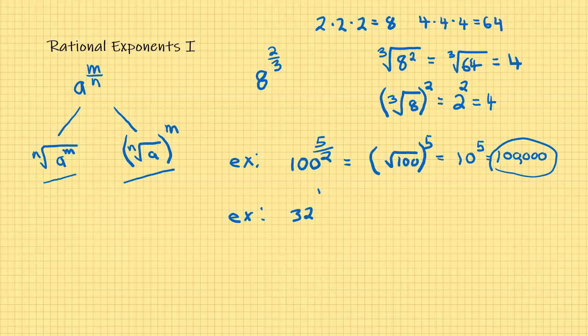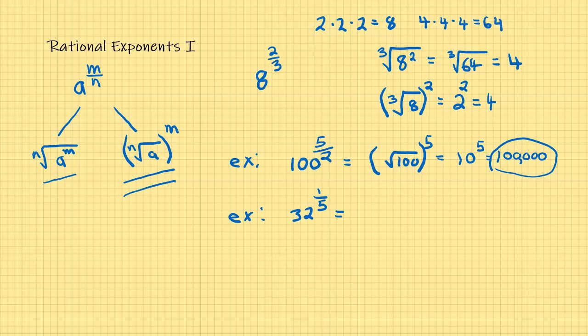32 to the 1/5 power. Now, because the exponent is 1, I don't think it's going to matter what method we use, but I'm going to go ahead and use the second method again.